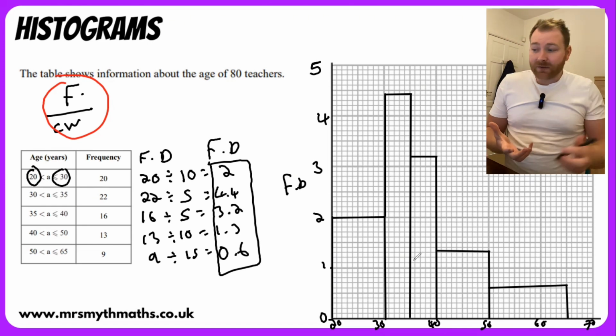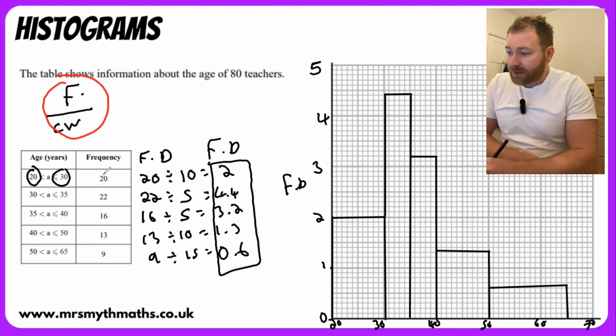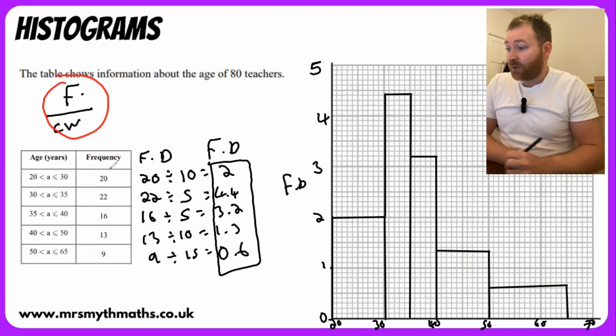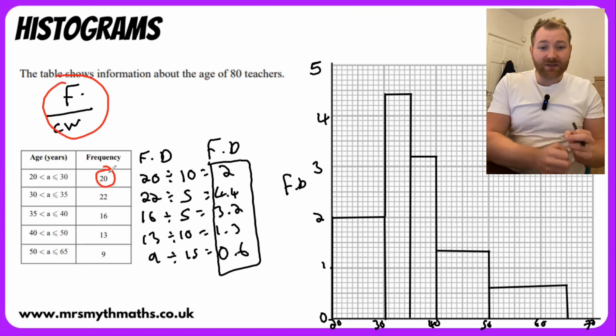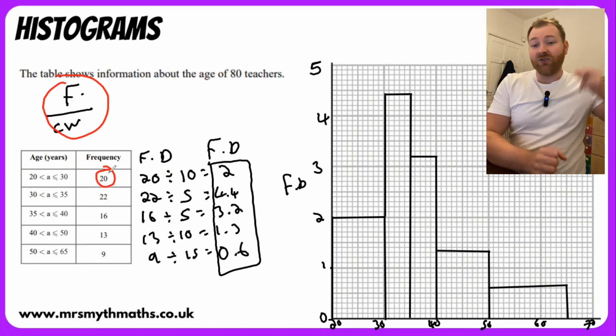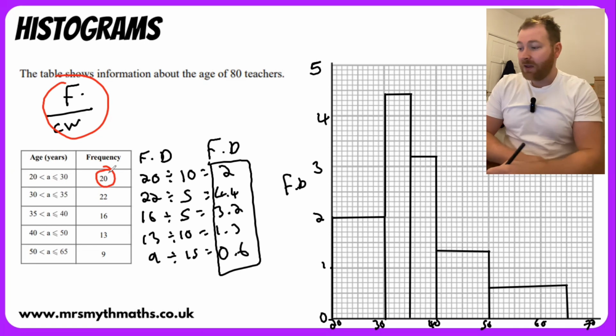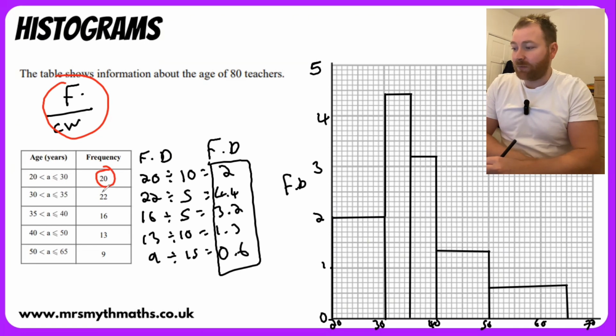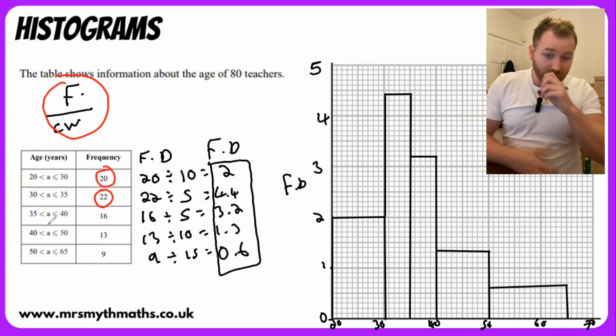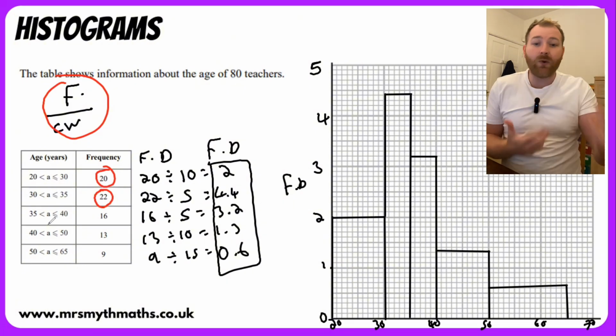Now, why do we do this? I think a really good example is to take a look at the first two class widths. So this first one, we're saying that we've got 20 items of data that are between the ages of 20 and 30. Okay, but then this one we're saying, well, there's 22 between the age of 30 and 35. Those two are obviously similar numbers, 20 and 22.